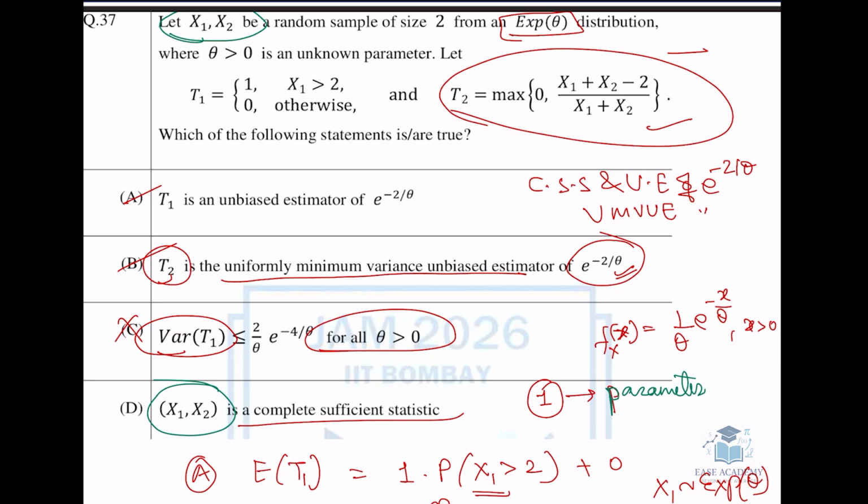But in order to be complete, the dimension of parameter and statistic should be the same. Here the statistic dimension is 2 and the parameter is only theta, that is 1. So this is wrong. So the correct options are only A and B.